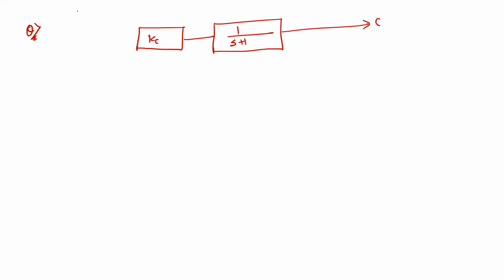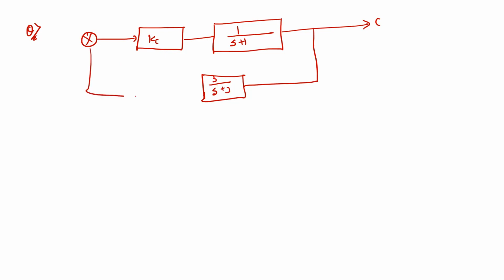So this one is your output, and there is a feedback system over here, and the transfer function of the measuring instrument is 3 upon s plus 3. Again, it will come to the comparator and get compared. This is your x, let's say the input, that is your set point. So we have to understand whether the system is stable or not. First, Kc is equal to, let's say, 9.5.